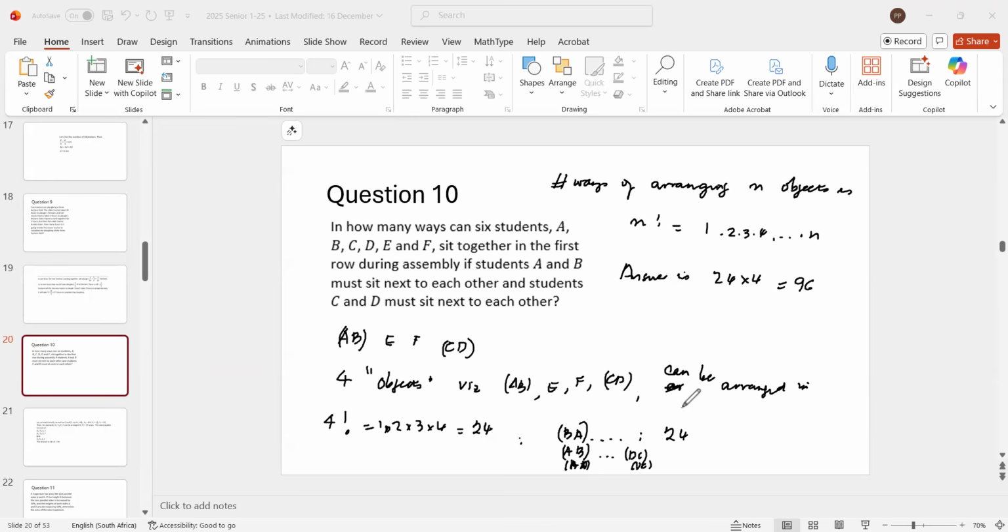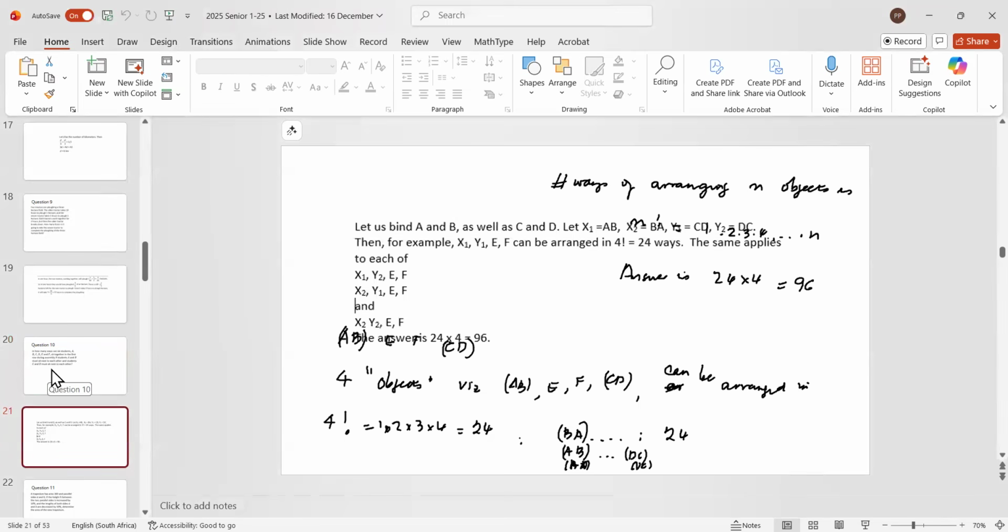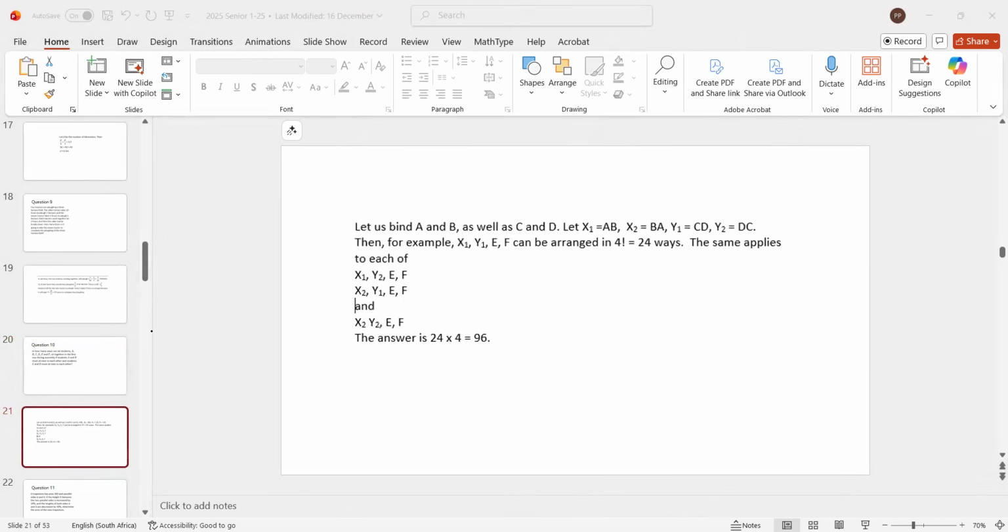For each of them there's 24, and if you switch a BA around, there's another 24, and so on. So the answer is 96. Let's just check to see. Ah, there it is. Okay.